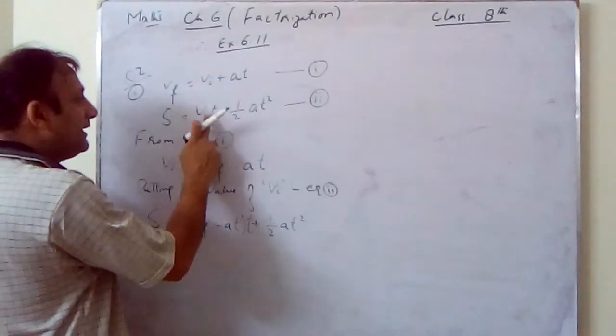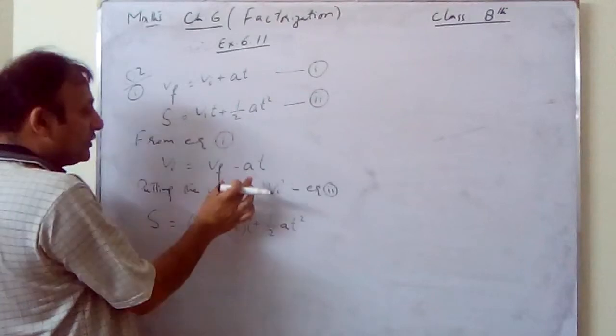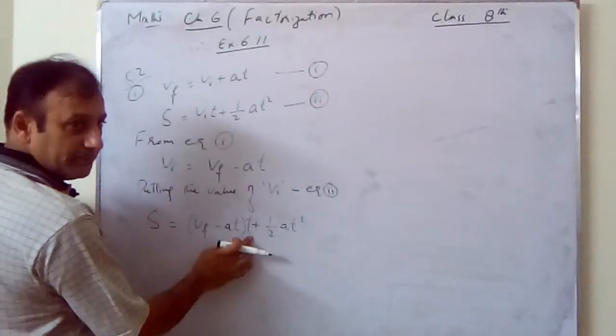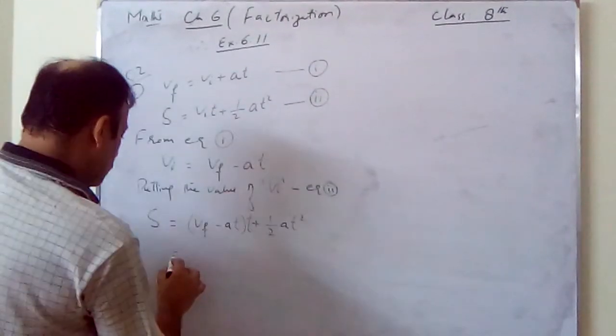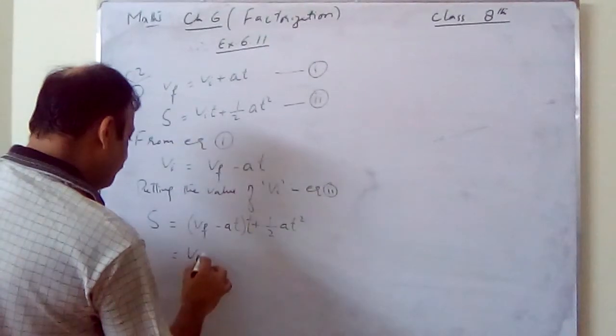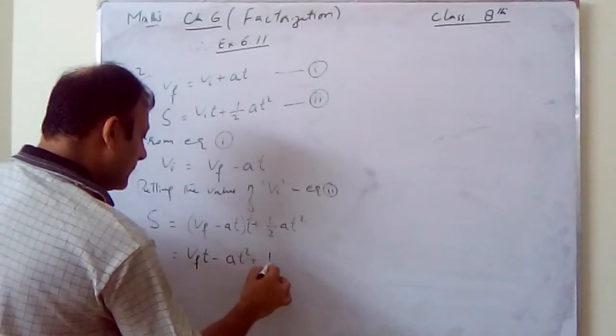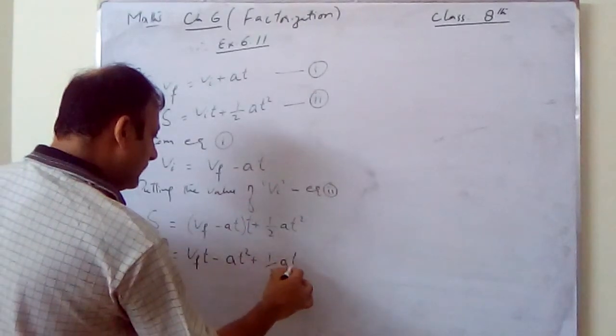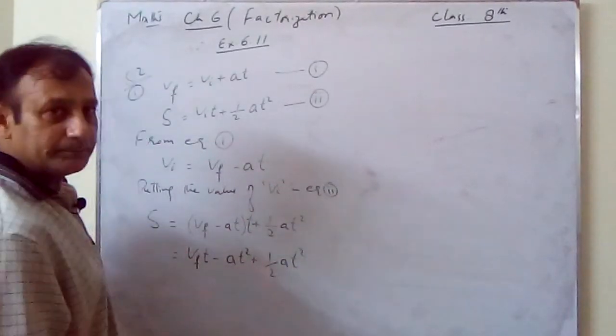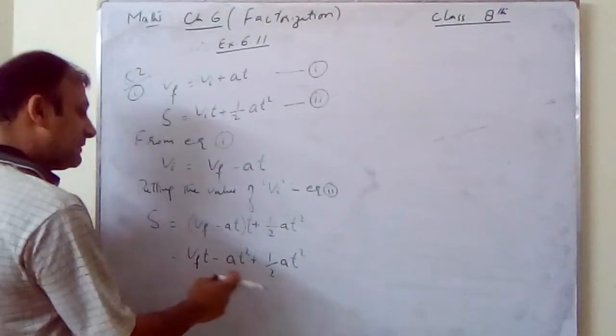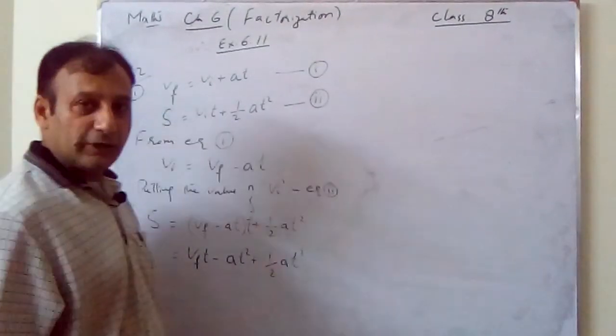Again, this Vi complete is multiplying with T. So the complete value is multiplying with T. So Vf into T minus At square plus 1 over 2 At square. अब इन दोनों का जब आप एलसीएम लोगे, सिंप्लीफाई करोगे तो डायरेक्टली यू कैन आल्सो सिंप्लीफाई.